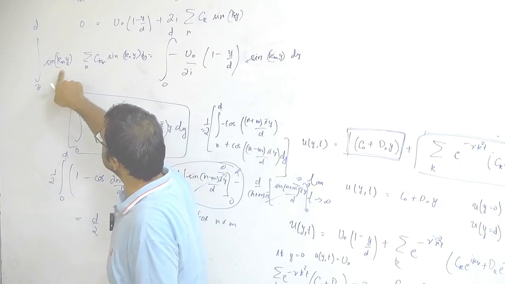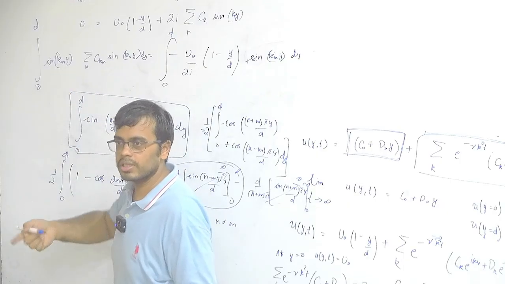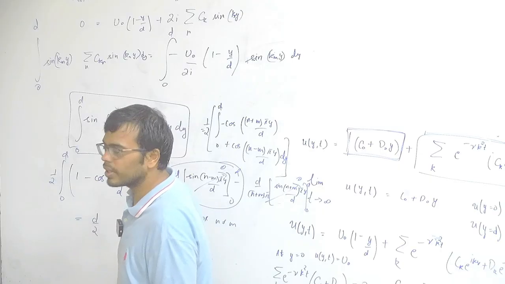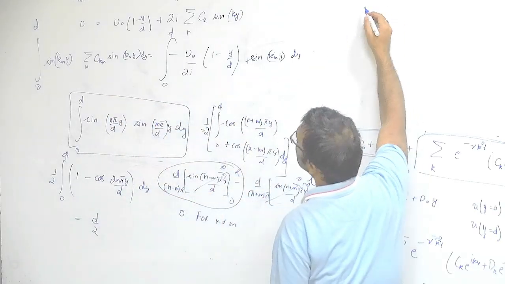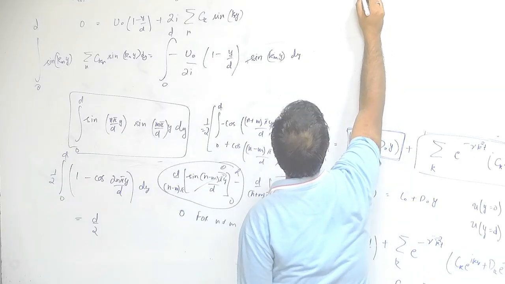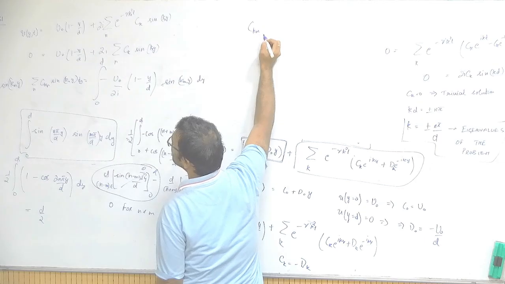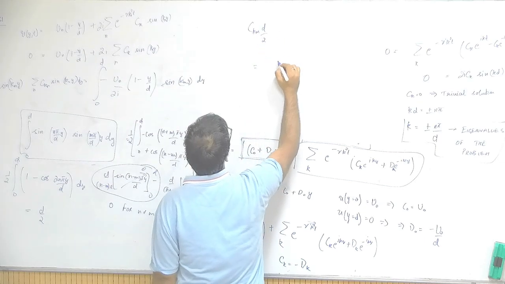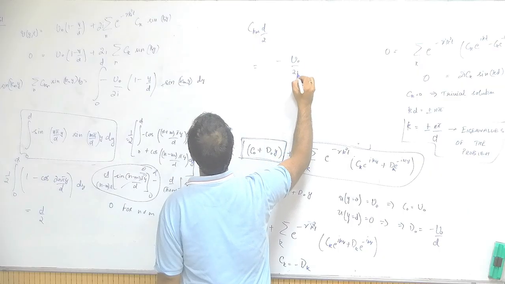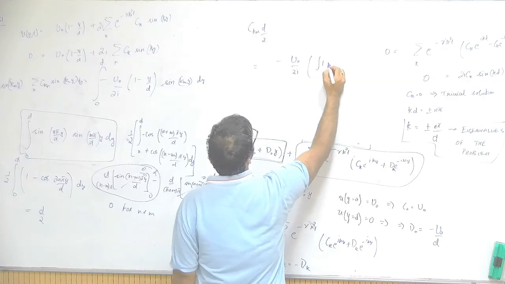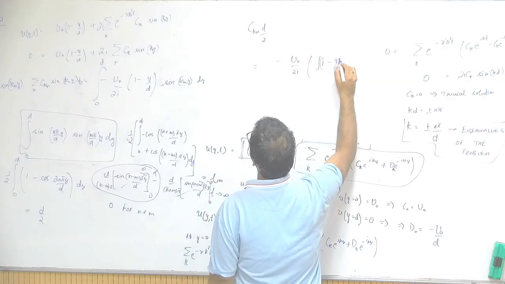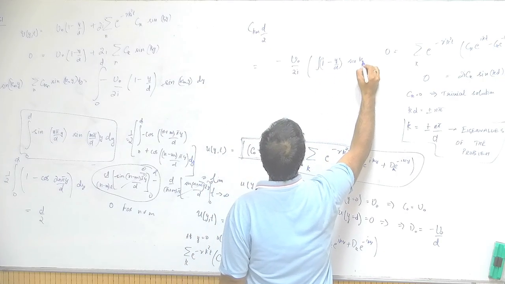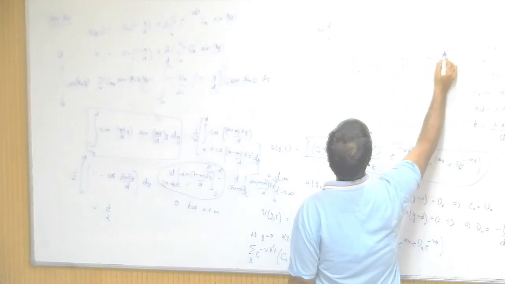When n becomes equal to m, only that term survives and all other terms become 0. So the left hand side will give you ckm times d by 2, and the right hand side is minus u naught by 2 times the integral from 0 to d of (1 minus y by d) sine km y dy.